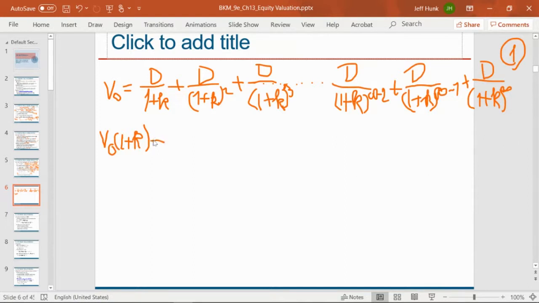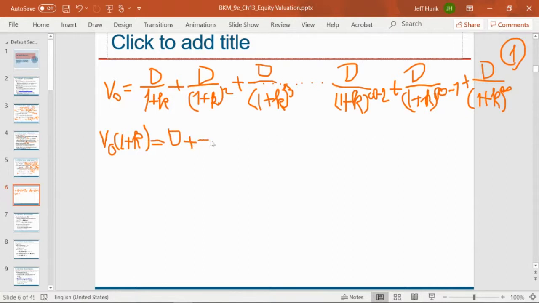So equation 2: the first term will be simply d, because I'm multiplying 1 plus k on both sides. If you multiply the left-hand side, you must do the same thing to the right-hand side too. So everything here is multiplied by 1 plus k, then the numerator gets canceled out. So it becomes only (1 plus k) d.